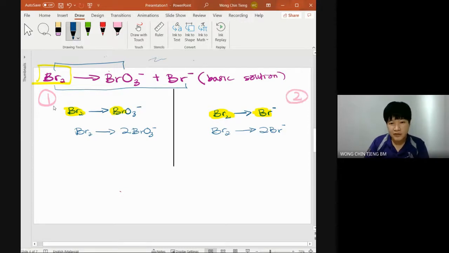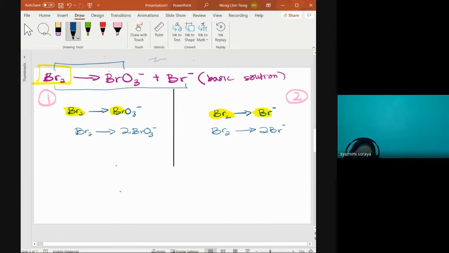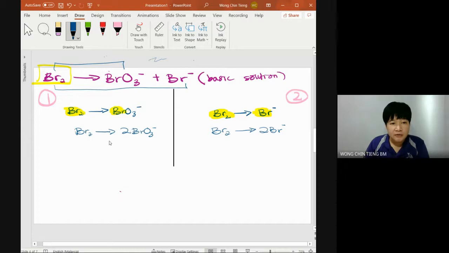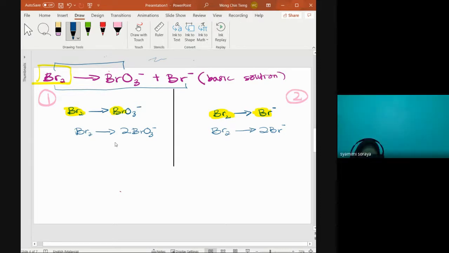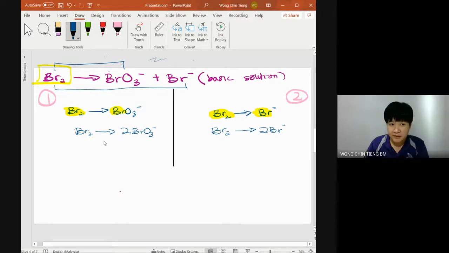So for the first half equation, Mimi, is water added on the left or right? What, Miss? Can repeat? Okay. Water will be added on the left or on the right for the first half equation? Right. Left. Okay.